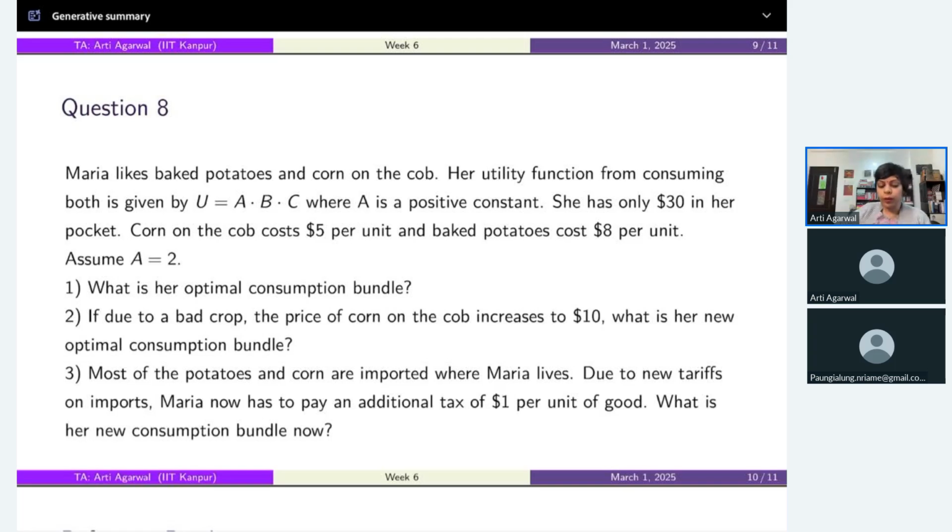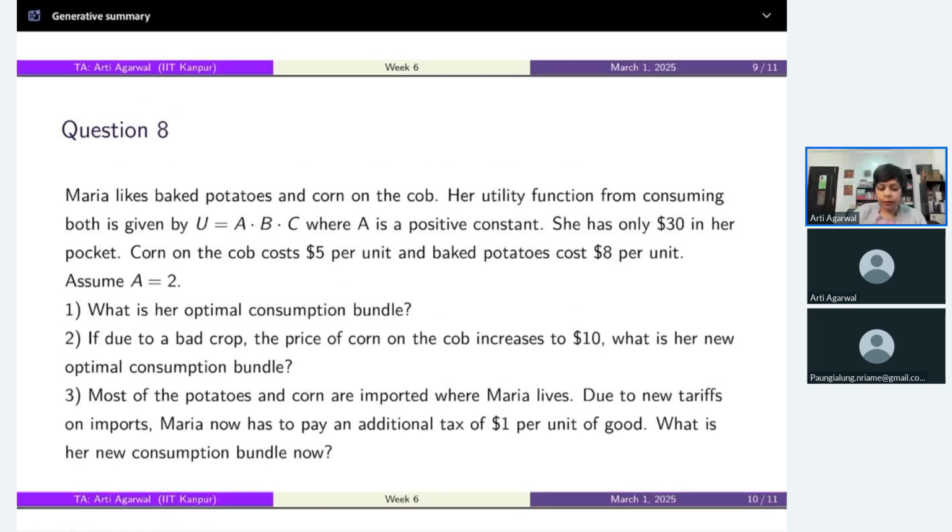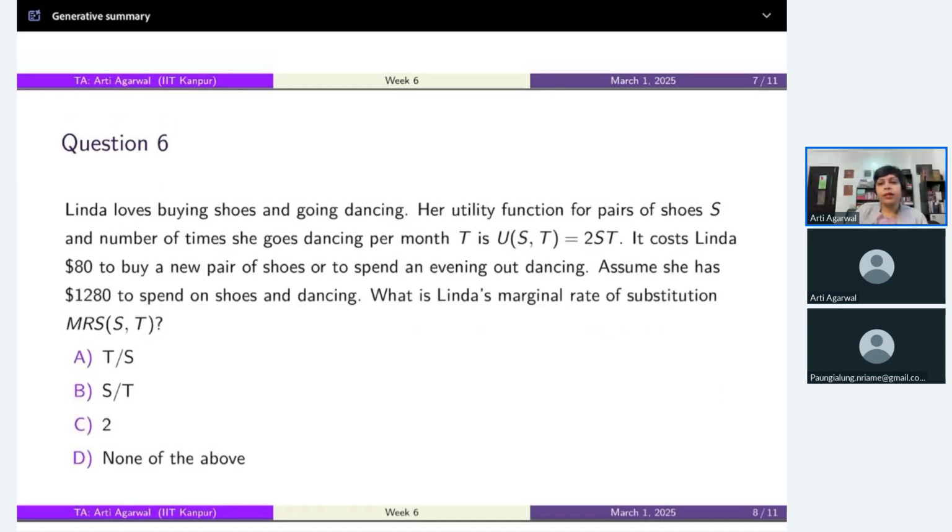For example, if we go back to this question of Linda dancing, if instead of money the constraint was time, and instead of the $1,280 she has to spend on shoes and dancing, she has only, let's say, 8 hours, or 4 hours, to spend on shoes and dancing.